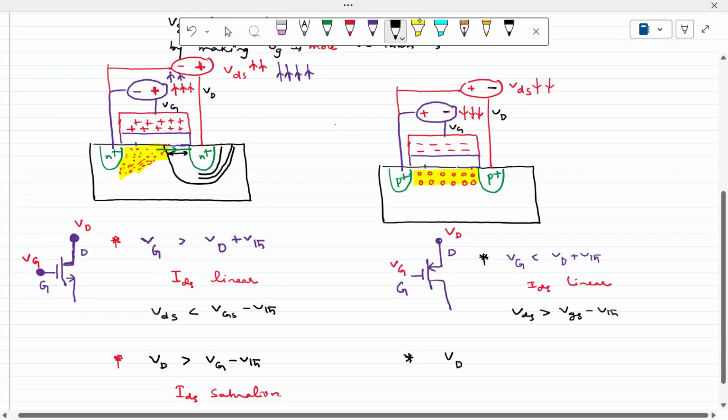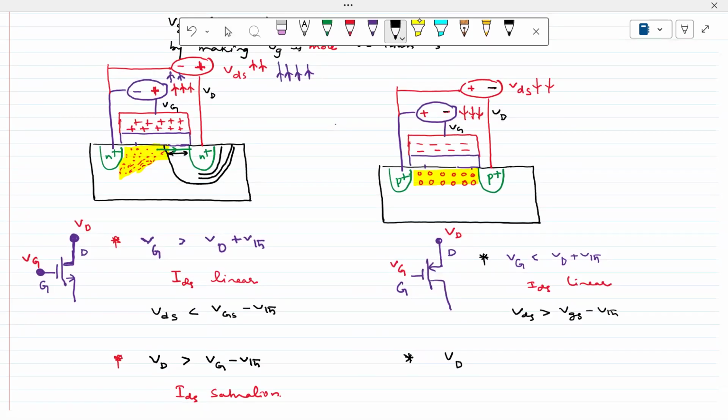Here it forms a reverse bias PN junction. So it forms a depletion region. Towards the channel side, more depletion region exists, and this is the width of the depletion region. Therefore, near the drain, you see no inversion.